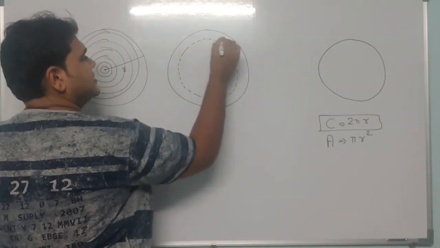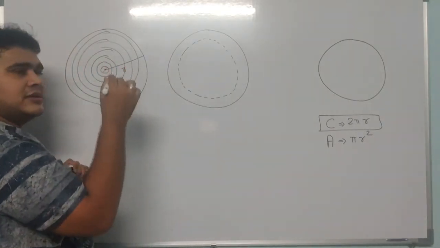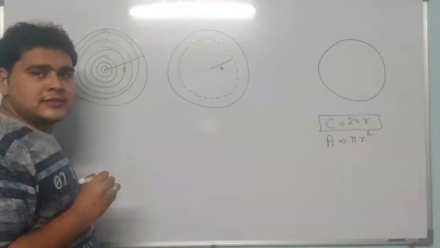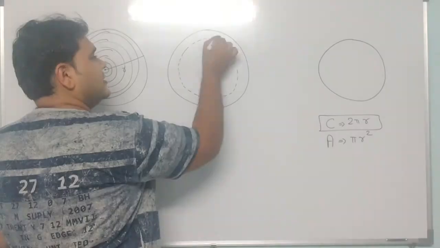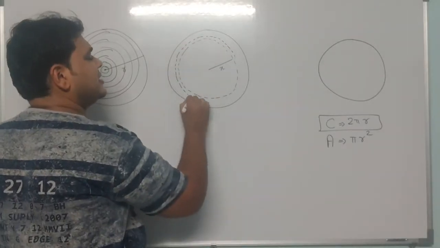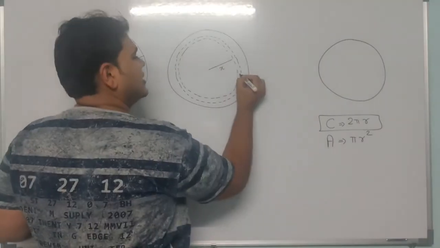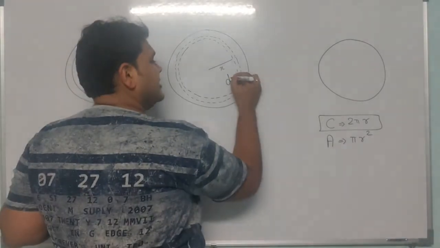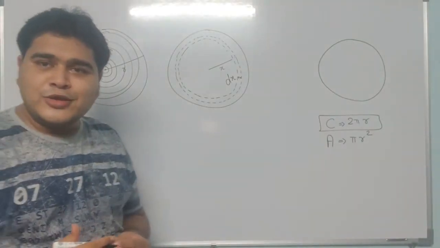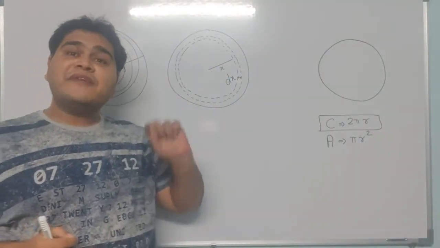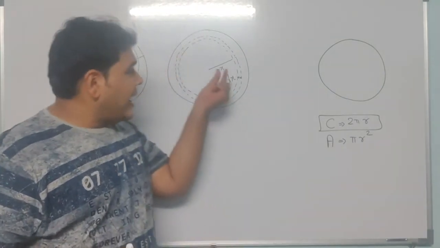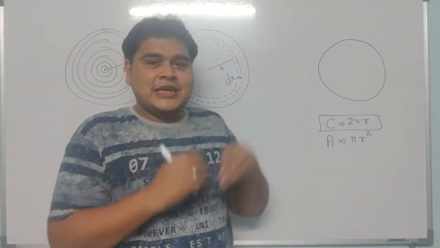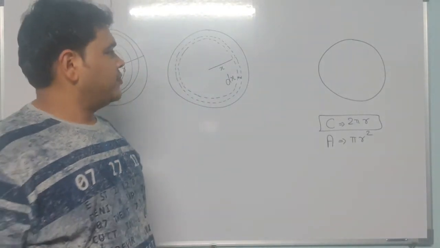let's consider a circle of radius x having thickness dx. So it's a circle having radius x and having thickness dx. So my circle is increasing by every dx. Wow.